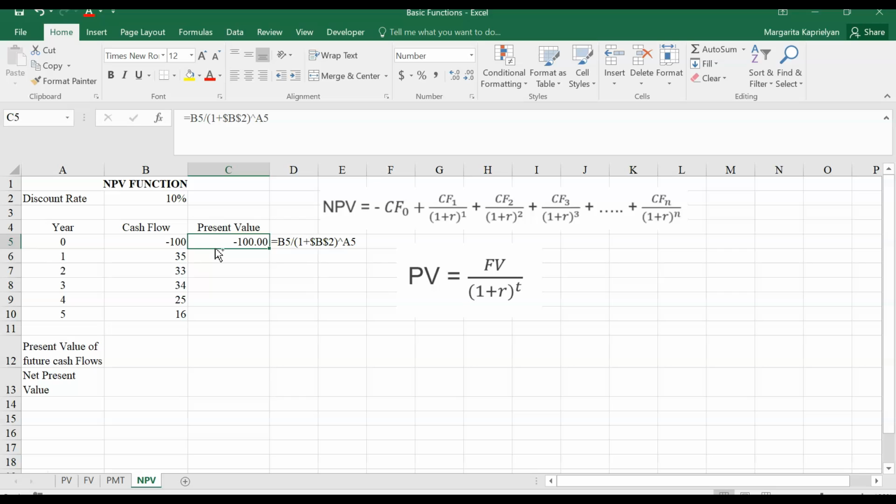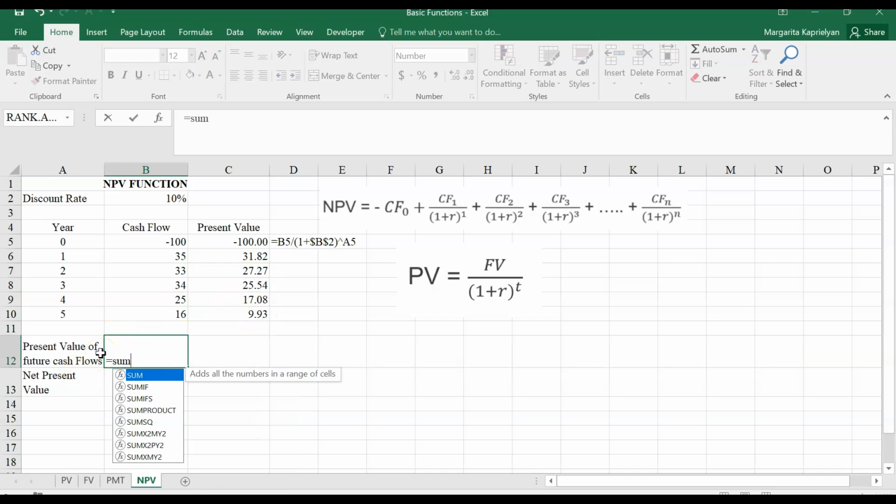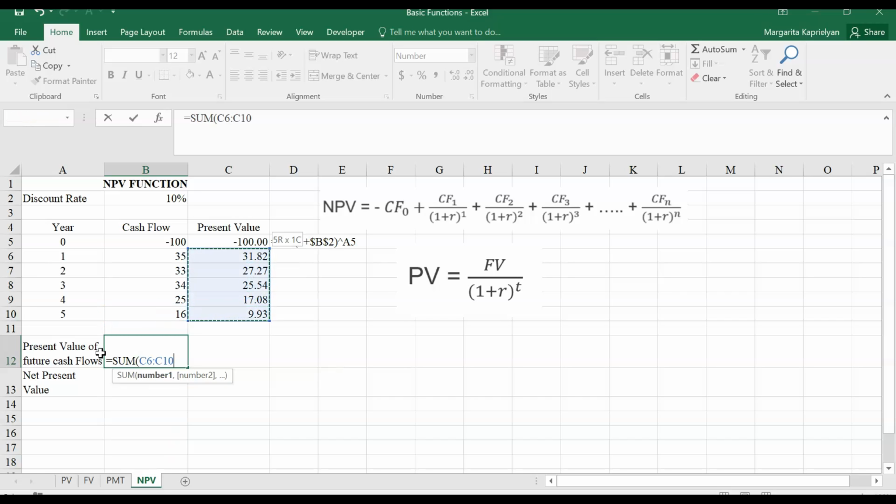Okay, then I'm just going to do Control C, hold Shift down and go all the way down. So what I'm getting here is the present value of each of the cash flows. Present value of cash flow 1, 2, 3, and so on. Now to get the present value of future cash flows, all I have to do is a sum, go up here and grab all the present values from year 1 through year 5, because we're interested in the present value of future cash flows.